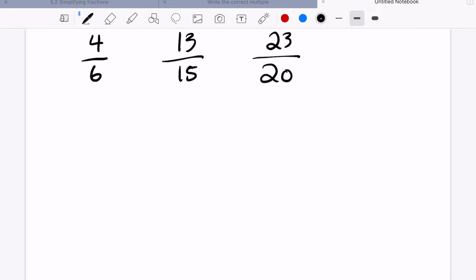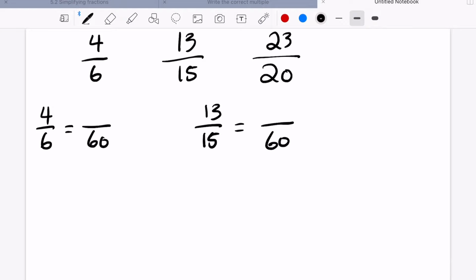I think we have to turn them all into 60, right? 60 is the closest multiple we can turn it into. So 4/6 is equal to blank over 60. 13/15 is equal to blank over 60. 23/20 is equal to blank over 60.